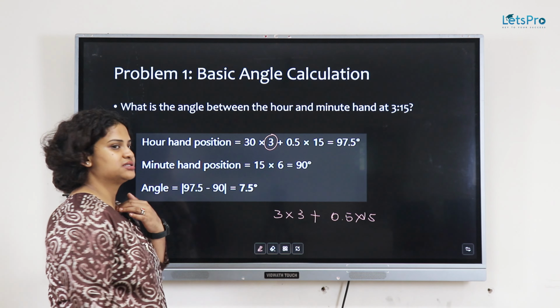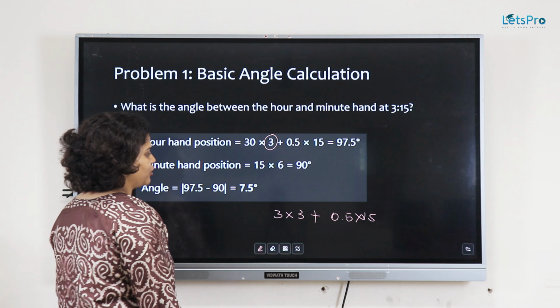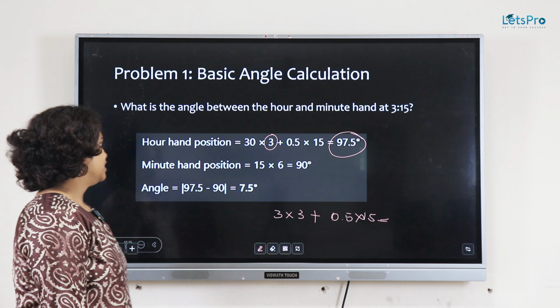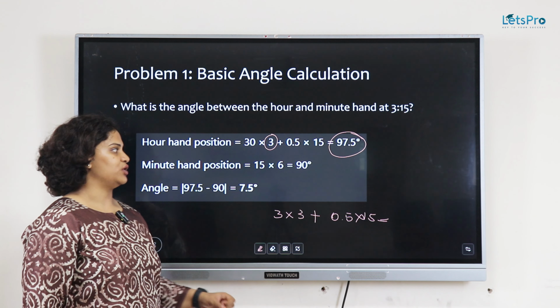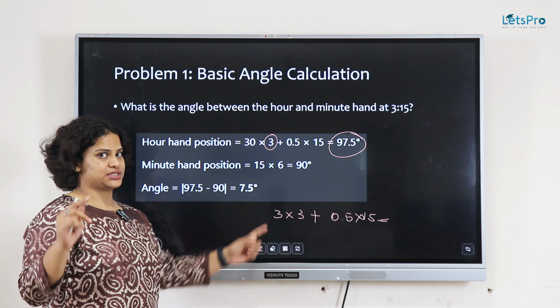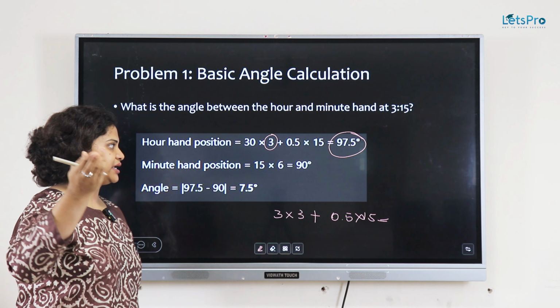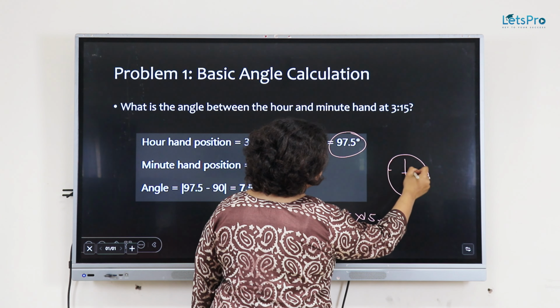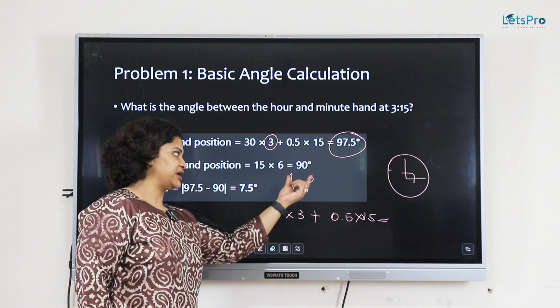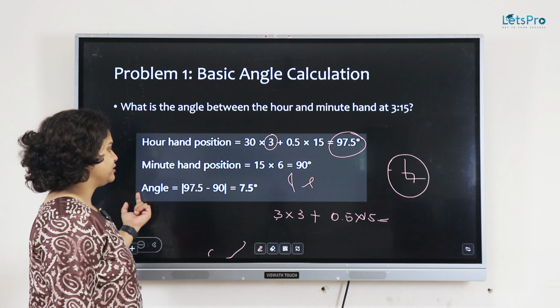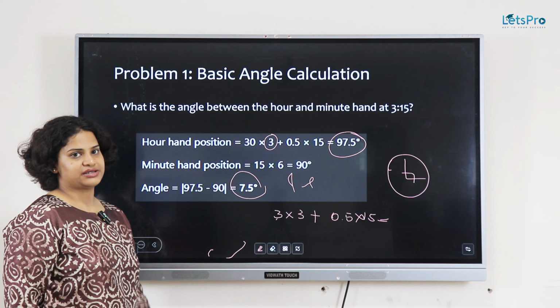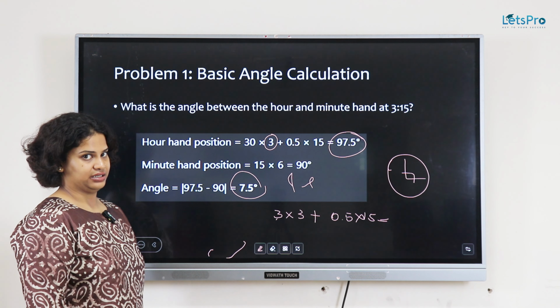The 0.5 is from the hour hand movement. 0.5 into 15 gives 97.5 degrees. Minute hand position is 15 into 6, which is 90, because this particular angle is 90 only, right? So the angle is 97.5 minus 90, which is 7.5 degrees.